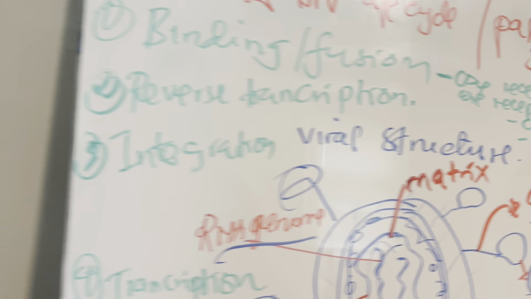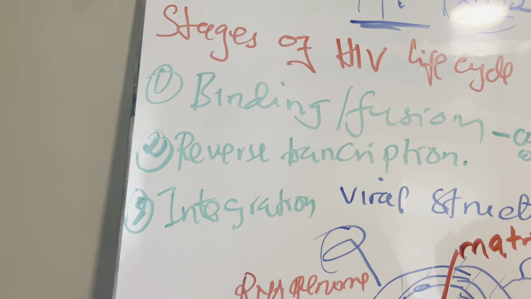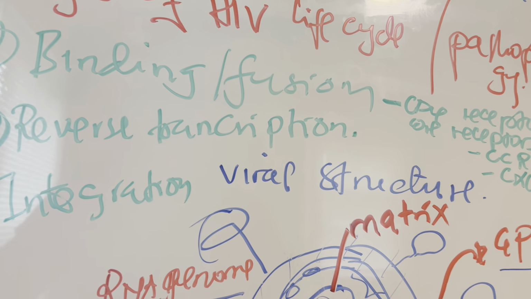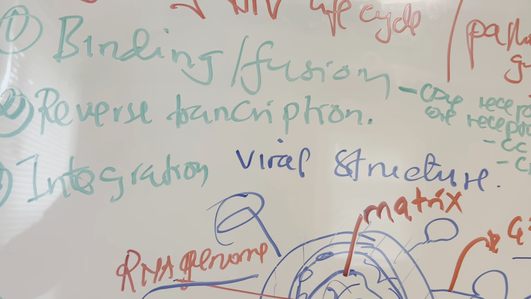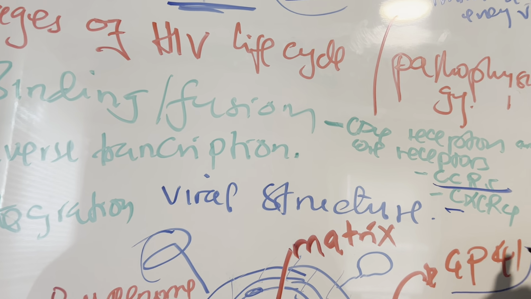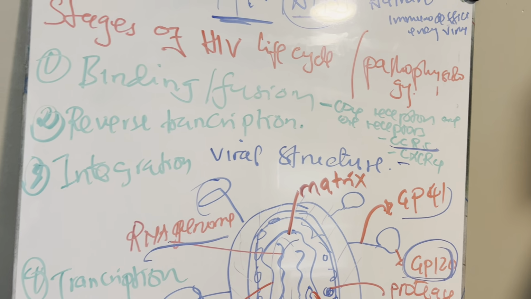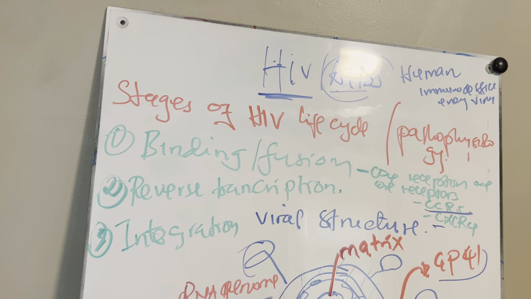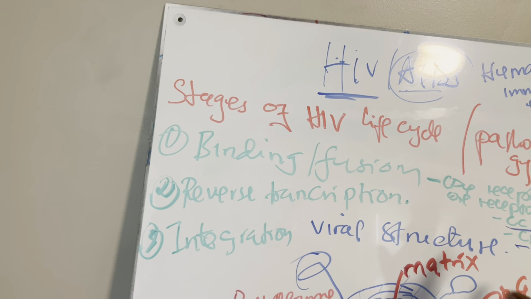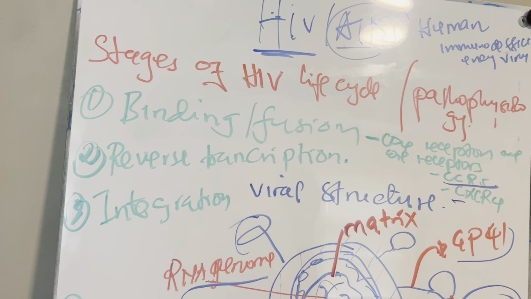HIV, through GP120, binds to the CD4 receptor and co-receptors known as CCR5 and CXCR4. This is very important, and when it comes to management, there are drugs which work on this pathway. So the first step is binding.